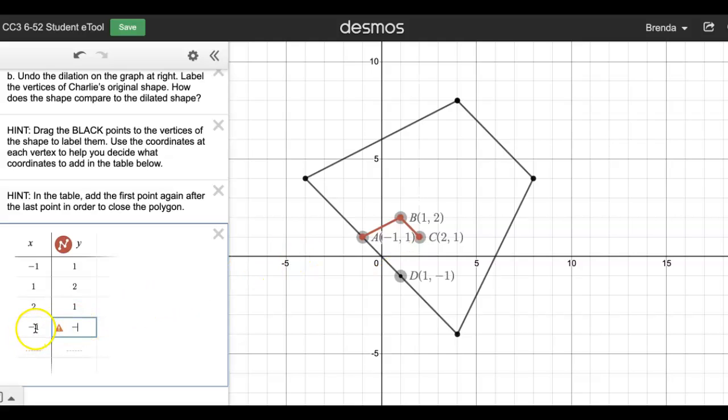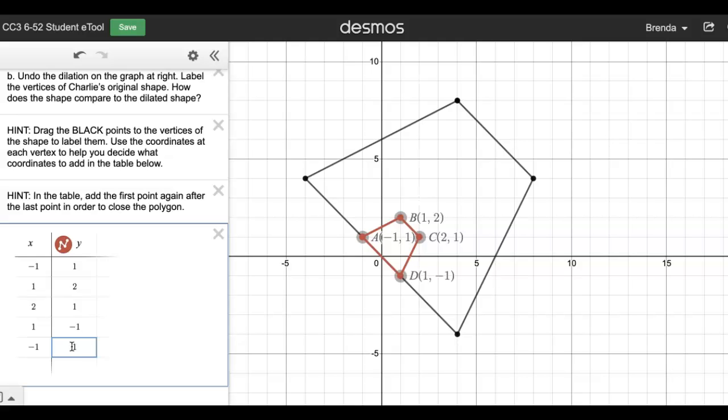This should be 1, -1. Now to connect this point to this point, D to A, you're going to go back to your original point of A, -1, 1, and it will connect those points.